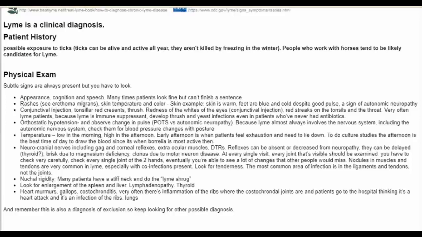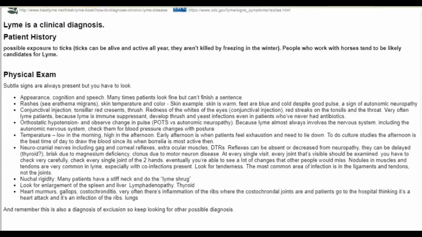What that means is you stand up and you're dizzy. It's like your blood flow isn't quickly equalizing to gravity. Then also changes in the pulse, because Lyme almost always involves the nervous system, including the autonomic nervous system. You check for blood pressure changes with posture.